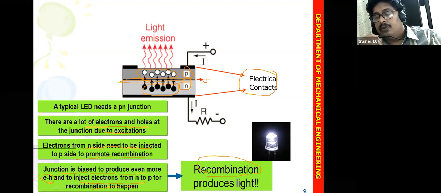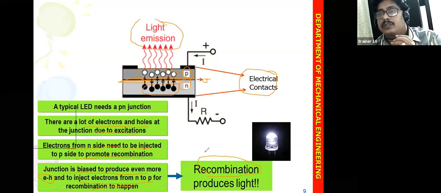Recombinations produce light. That is what I said, that the depletion region decreases, thereby the electrons flow. Once the electrons flow, at this situation a small light will be emitted. This is the principle actually. Small light is coming out. That is called light emitting.